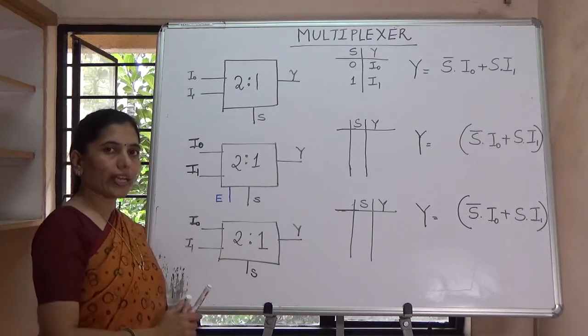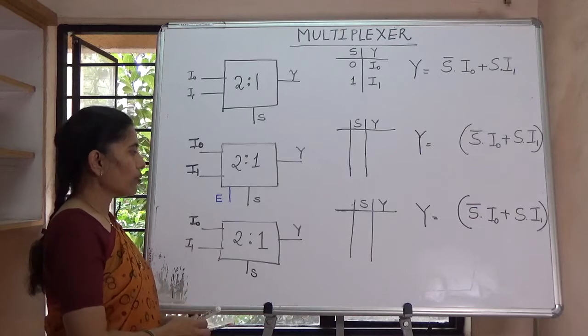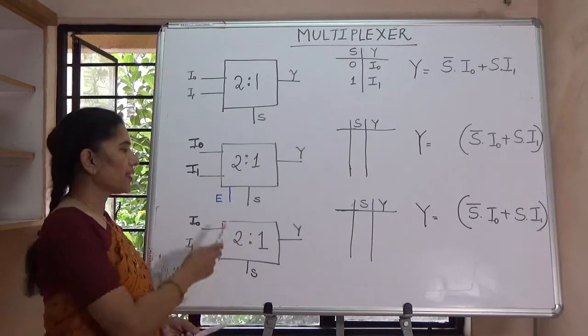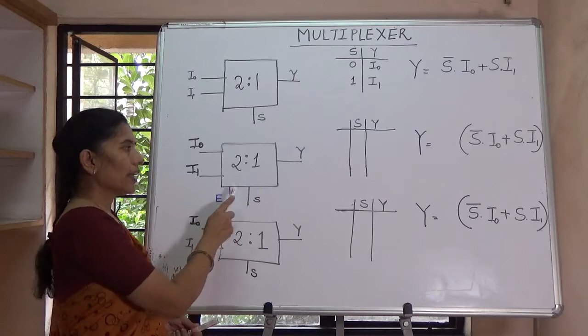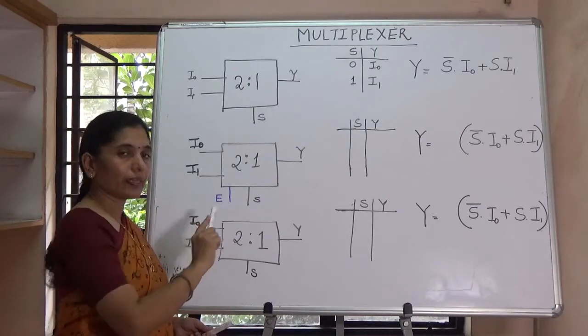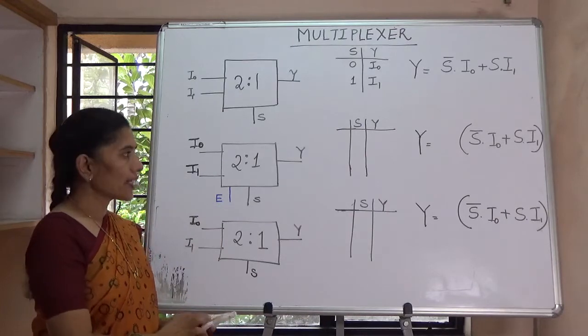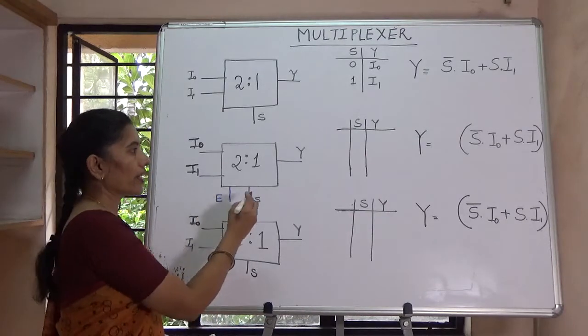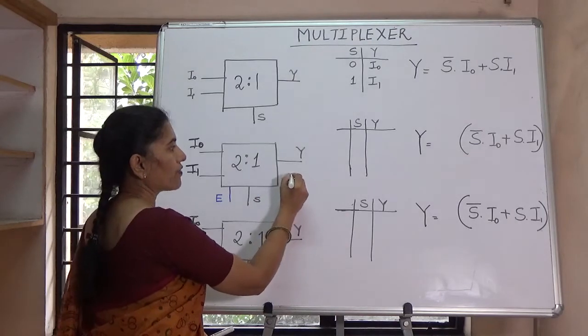In this particular case, we have shown the input as E. Let's consider that if E is 1, then the multiplexer is enabled, and if E is 0, then the multiplexer is disabled. In such a case, we call this particular input E an active high input.